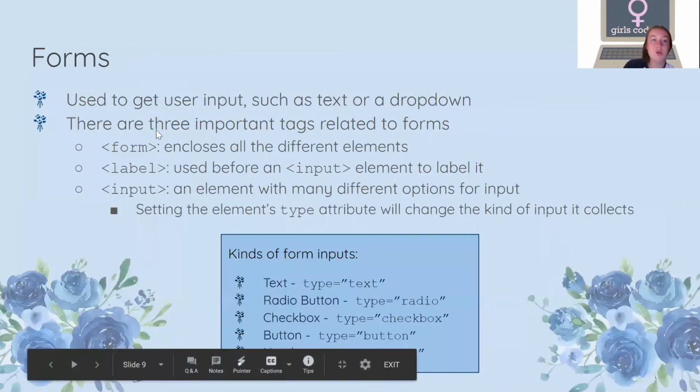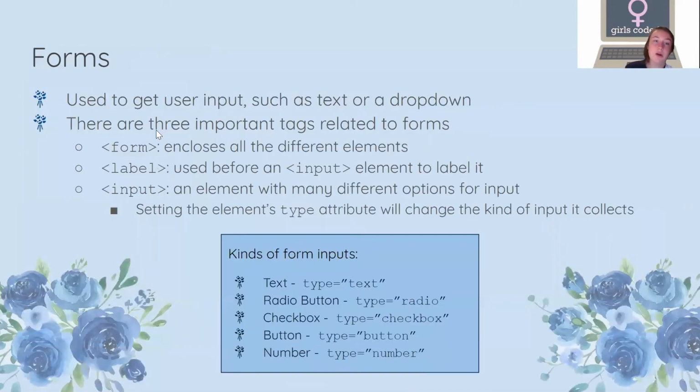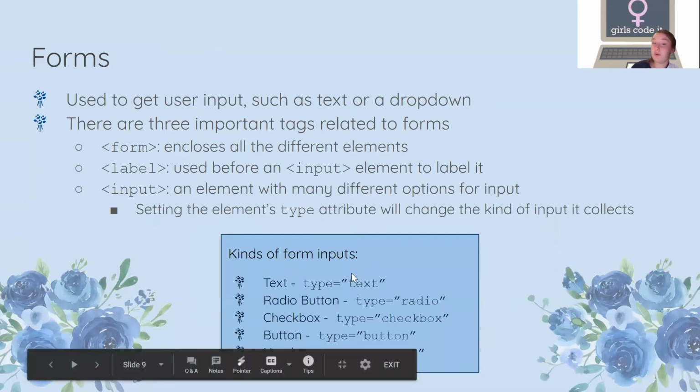Forms are used to get user input such as text or dropdowns. There are 3 important tags related to forms: form encloses all the different elements, label is used before an input element to label it, and input is an element with many different options for input. Kinds of form inputs: text, radio button, checkbox, button, number.